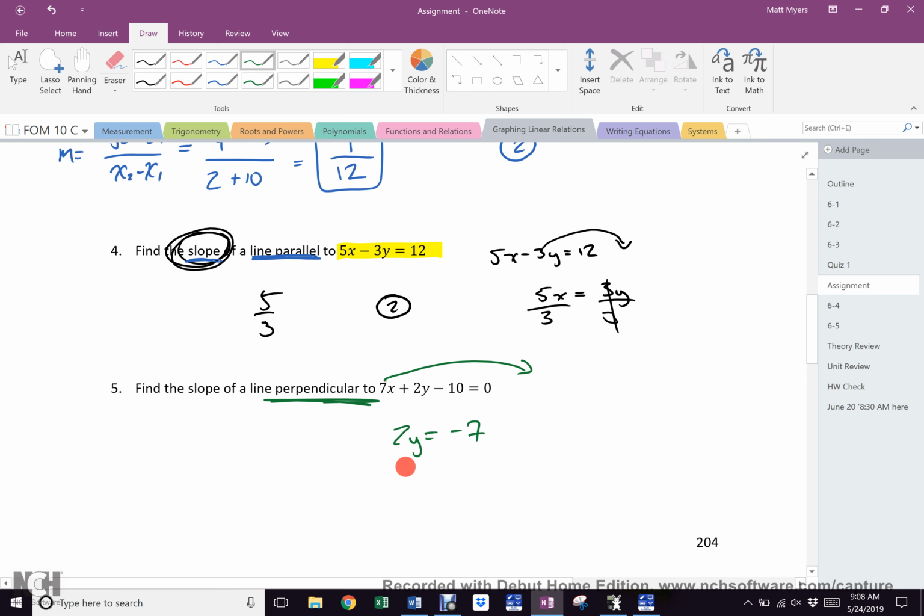What do I do with that 2? So y equals negative 7/2. That is this guy's slope. Do I want that slope? No. I want what kind of slope? Perpendicular, which means what has to happen to that slope? Opposite sign, reciprocate. So what does it become? 2/7 for 2 marks.